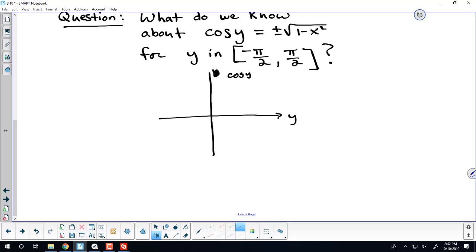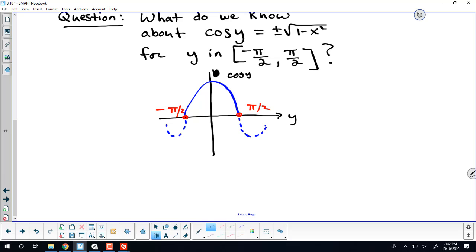Here's the graph of cosine. In particular, cosine in between negative pi over 2 and pi over 2, cosine of any of those values is either 0 or positive. So why is that a good thing for us? Because we only have one derivative.